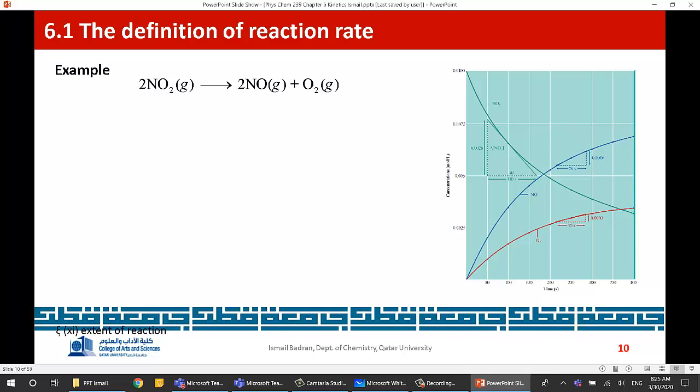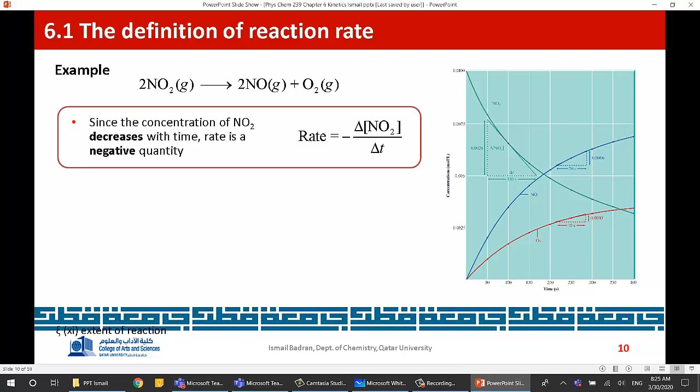And the rate of NO2 should equal the rate of formation of NO, because they are 2 to 2 here. They have the same molar ratios. But oxygen, which is the red line, is forming at a rate that is slower than these rates because it has a different molar ratio. It has 1, so it's going to be half.